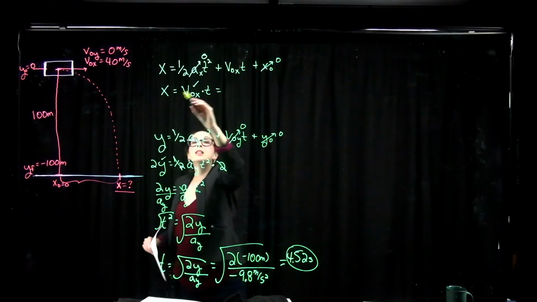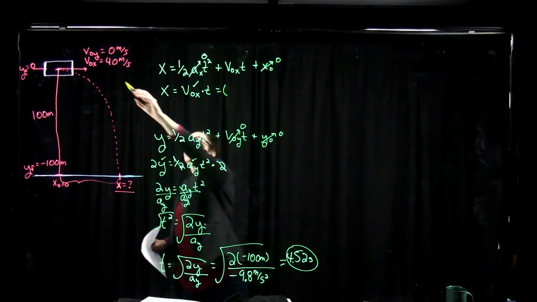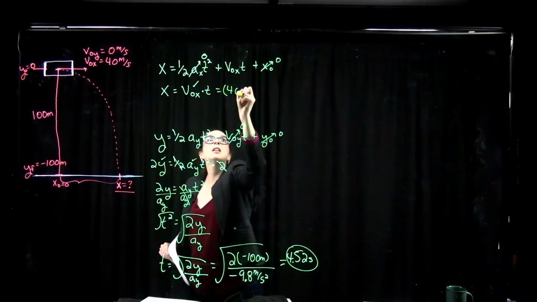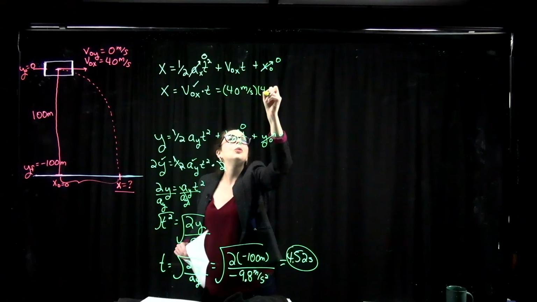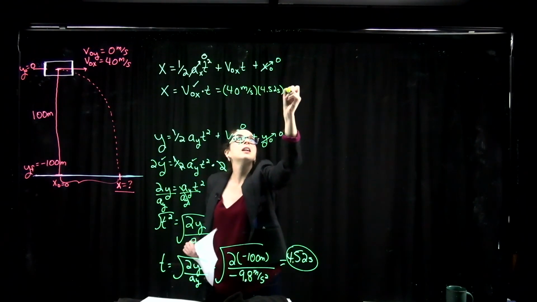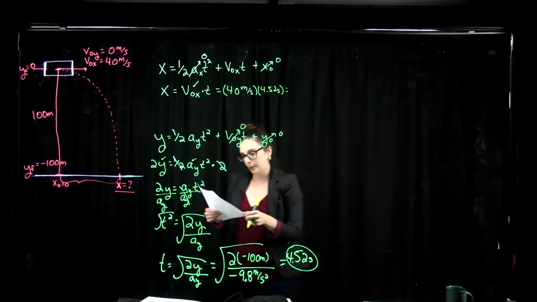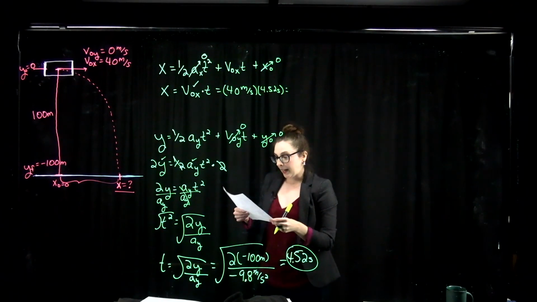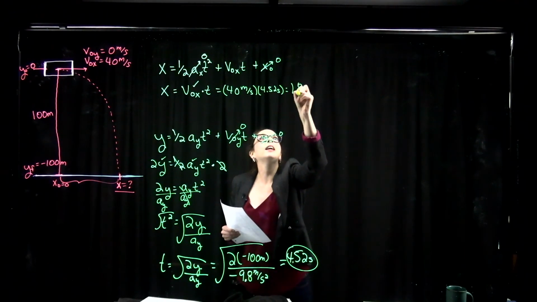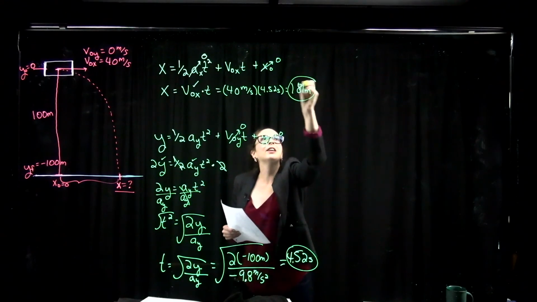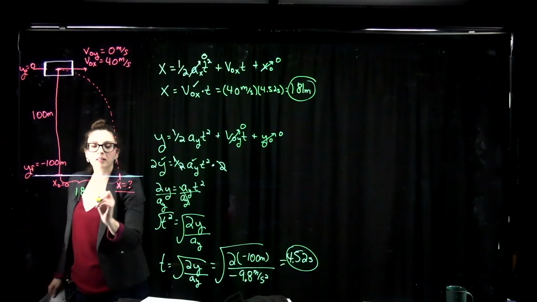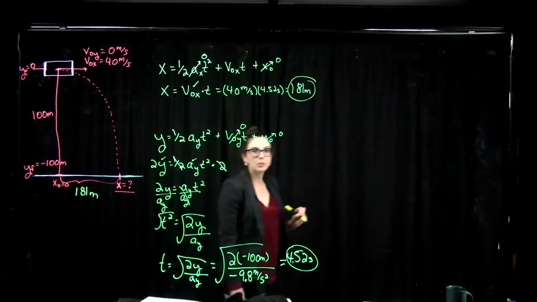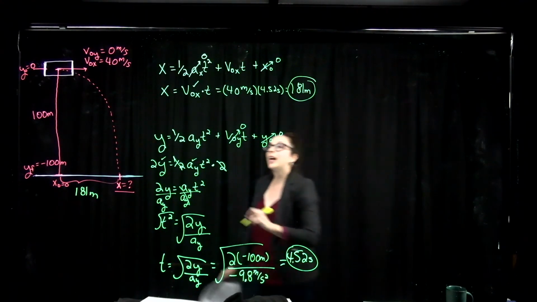So then this position is going to be our initial velocity in the x direction, 40 meters per second, times the time to fall, 4.52 seconds, and then that is equal to 181 meters. Okay, so that's what this distance is, 181 meters. Okay, so that was part A.